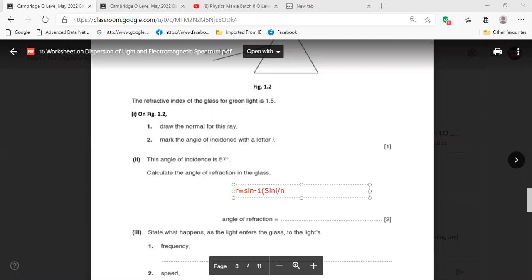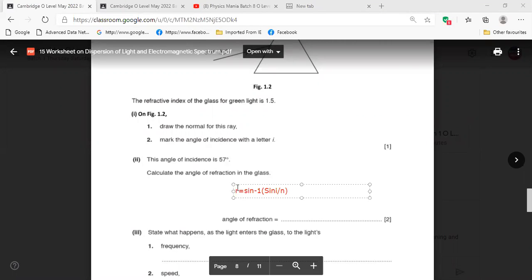Yes, sir. So this formula we should use. Farabi, hello Farabi. Yeah, you got the formula. Sir, I got disconnected. Yeah, I understood.